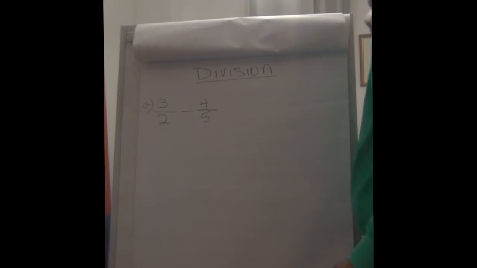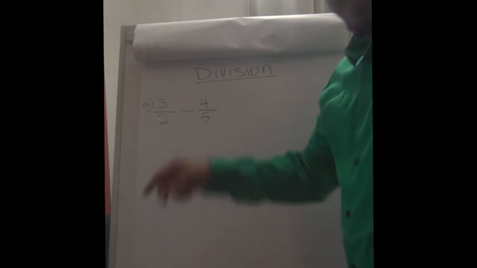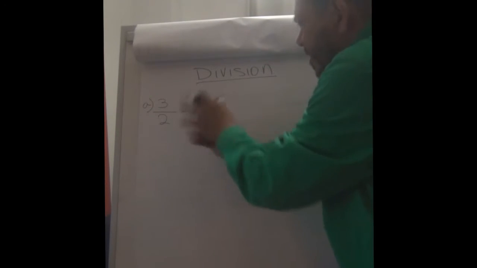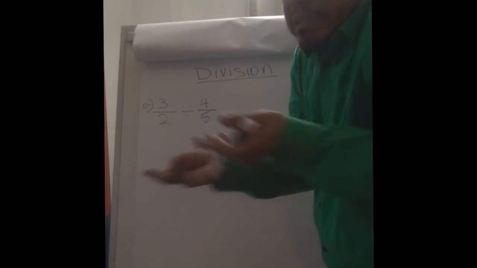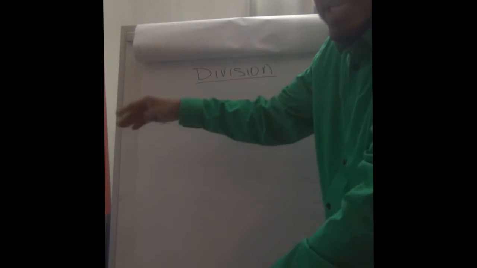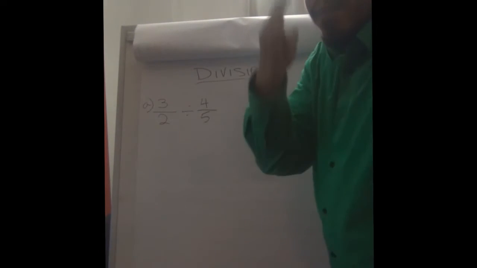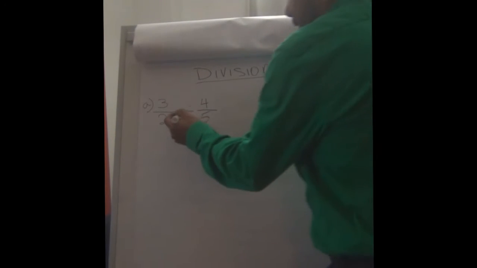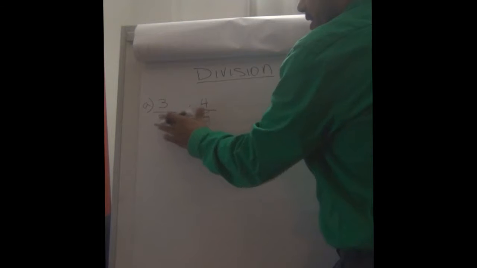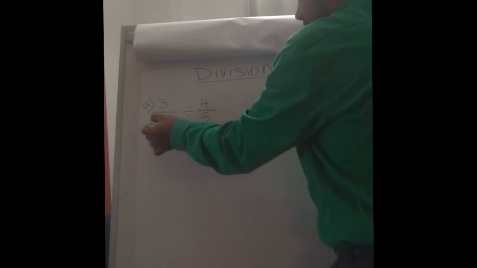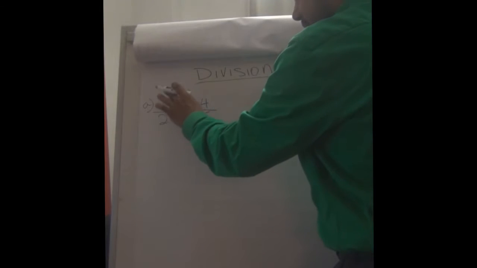So, it's simple. Some of you, I think, talk about keep, change, flip. I'm really not familiar with that, but okay, if you wanted to keep, change, flip, that's fine. But this is basically what's going on. To divide these fractions, always keep the original fraction to the left the same.